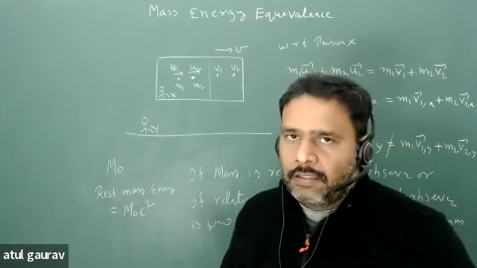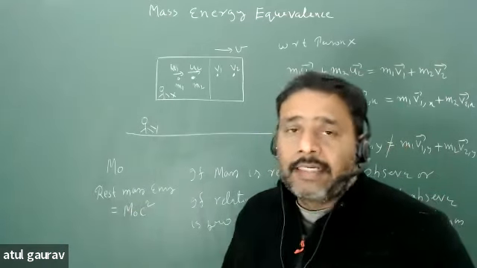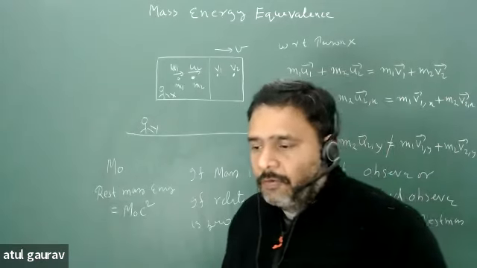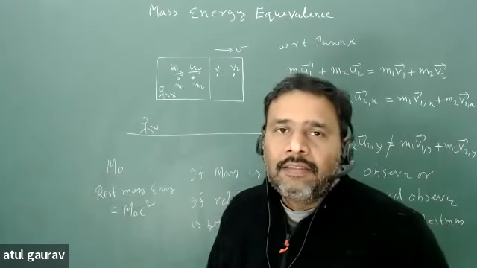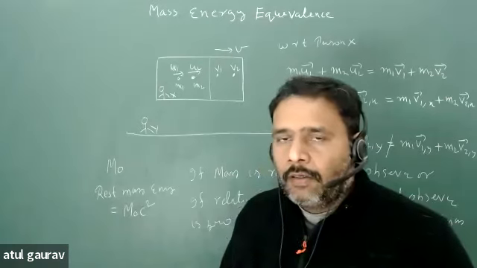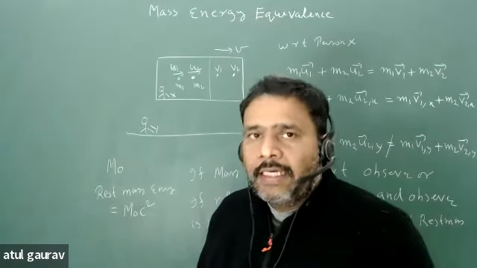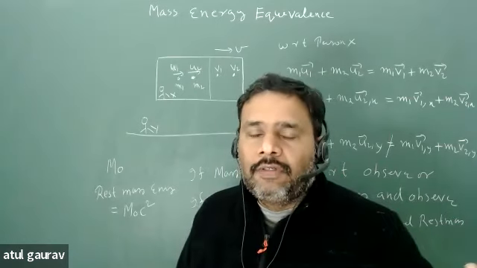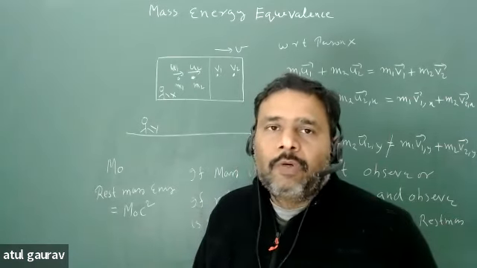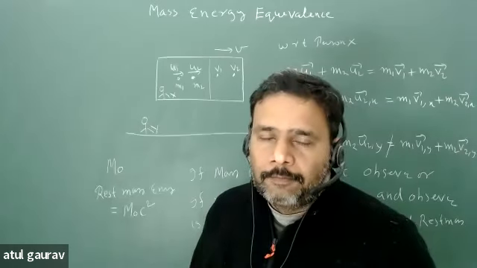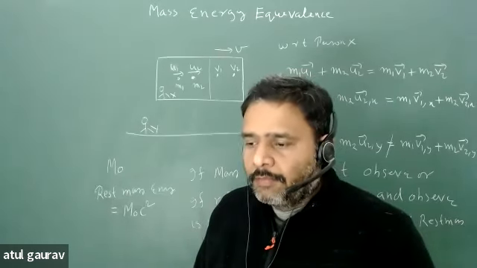So this is one of the very interesting arguments: if you have 1 kg of mass and it is at rest with respect to you, then you can extract energy of 1 kg into c square. So this is a mind-blowing idea.